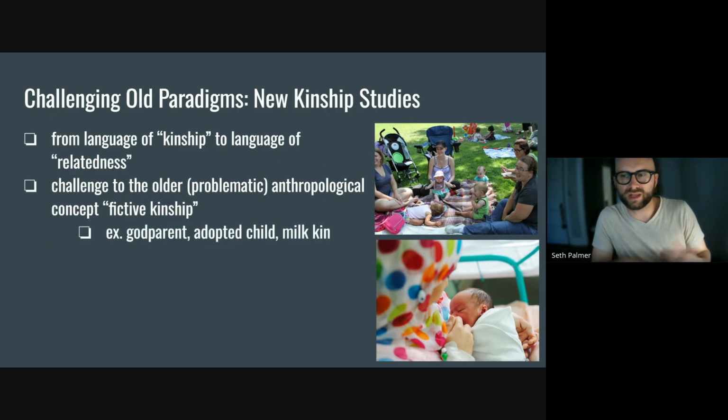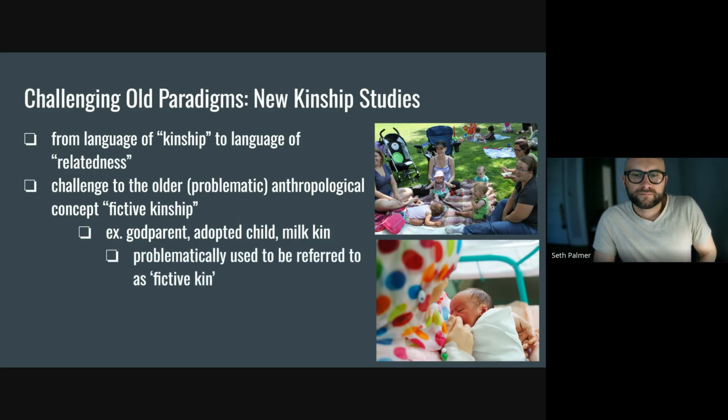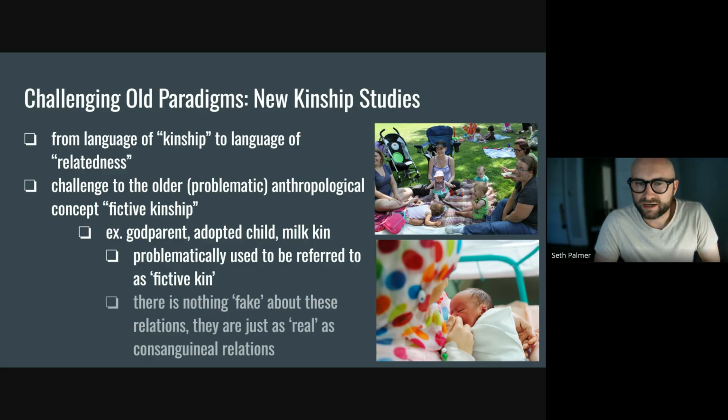Other forms of relationality that go beyond blood or marriage, I've mentioned godparent, an adopted child, also milk kin, that example I gave earlier, right? Again, yes, it's problematic to refer to any of these as fictive kin because these are real relationships in the eyes of the people who hold them. These pictures here reflect women who are part of a milk share group where they share breast milk with one another.